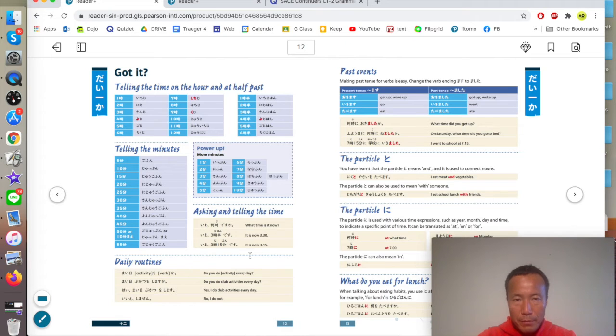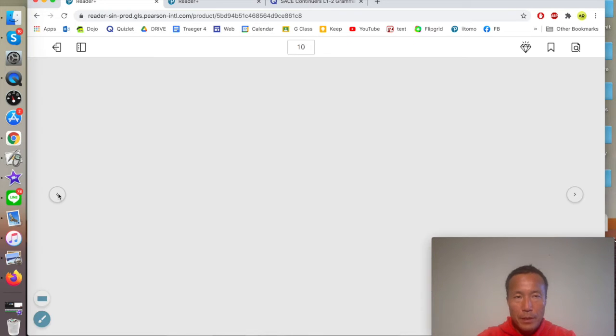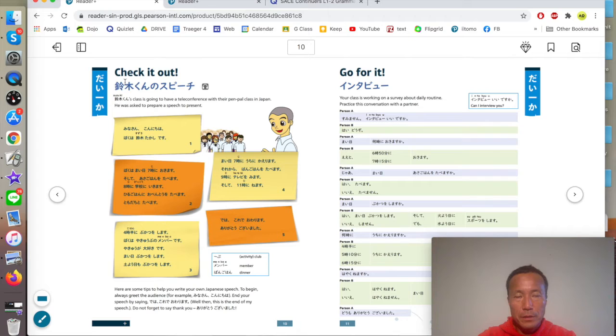Once you understand the grammar concept under the Got It, you will be practicing the sentences from this Check It Out. This Check It Out is the one using the Got It grammar concept. This will give you the real example. Okay, so that's how I created this program.